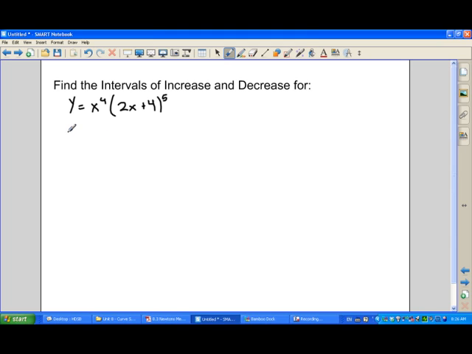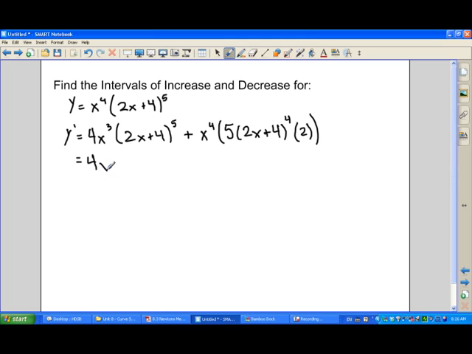But what we can do is take the derivative, y prime, and we'll use product rule. So we have 4x to the third times (2x plus 4) to the 5th, plus x to the 4th times 5 times (2x plus 4) to the 4th times 2.